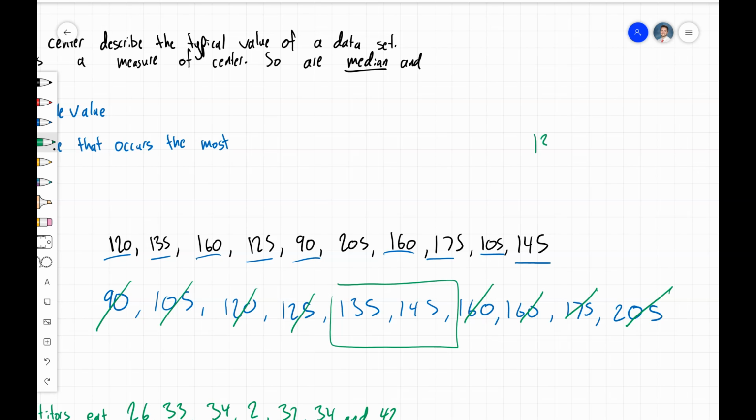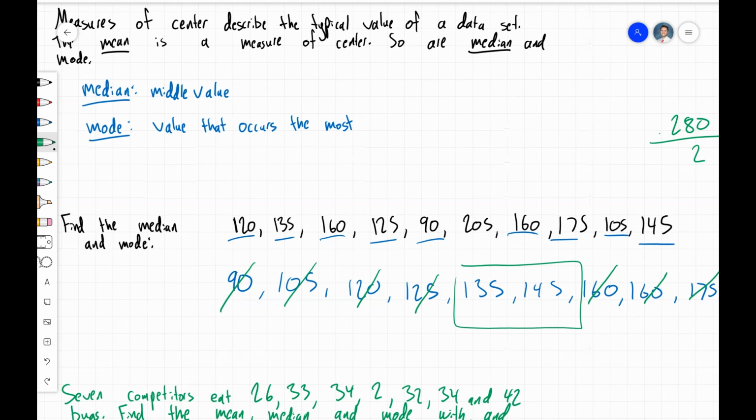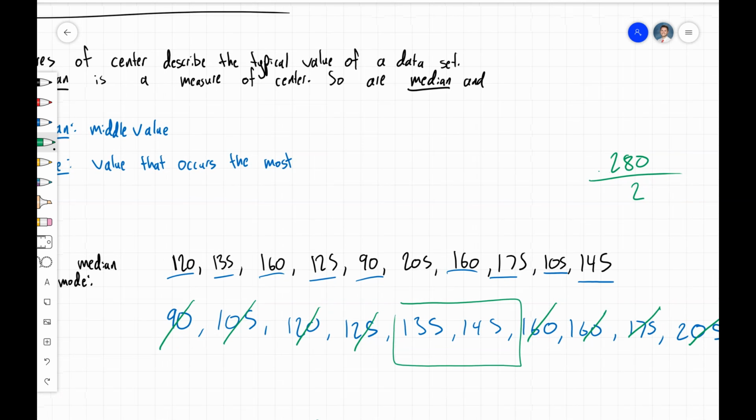But just to show you that we can do this by finding the mean, we'll take 135 and add it to 145 and divide that by 2. So 135 plus 145 is 280, and then 280 divided by 2 is 140. So the median of this data set is 140.